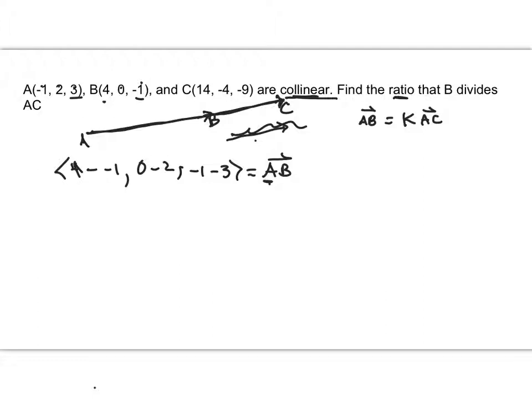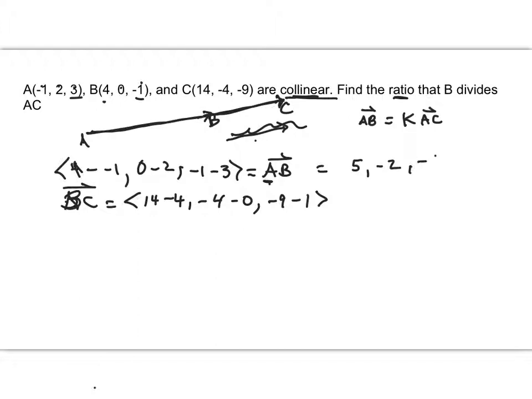Okay, and then I'm going to find the vector B to C. So vector B to C is going to be equal to 14 minus 4, -4 minus 0, and -9 minus 1. Okay, when I simplify these, vector A to B is 5, -2, and -4.